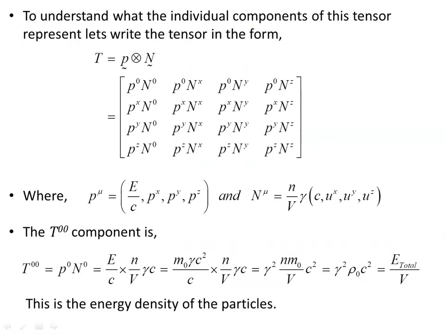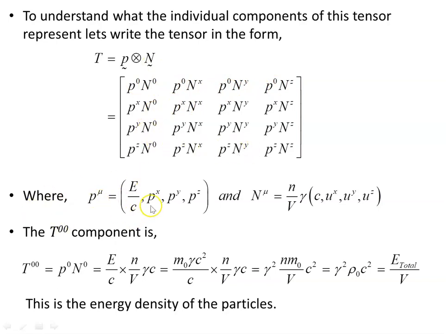All right, so to understand what the individual components of this tensor represent, let's write the tensor in this form, and instead of u's, we'll use the momentum and the number density 4 vector here. Writing those components out, we get all this instead.